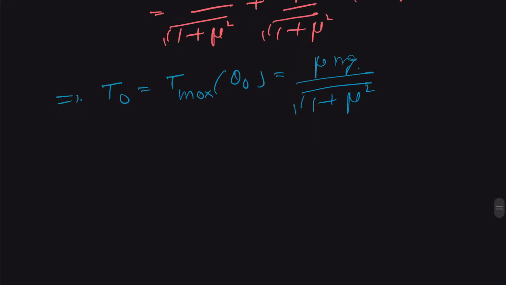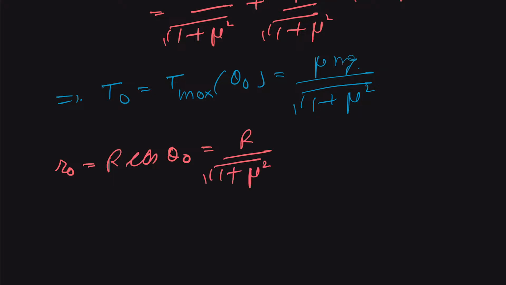That was r naught is equal to R cos θ naught. So this comes as R upon the square root of 1 plus μ squared. And the tension, that is T naught, is μ mg over the square root of 1 plus μ squared. So these were the 3 questions for today. Thank you.